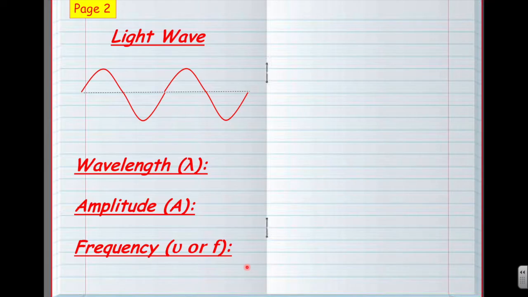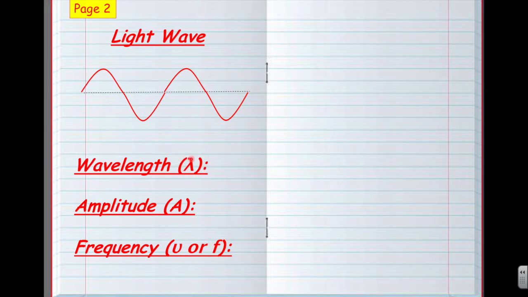So we need to understand what a wave is. On page 2 of your notes, it's going to ask you to draw a picture of a wave. This is what you'll need to draw, something like this right here. Then you have a wavelength and a frequency. Go ahead and add amplitude. Wavelength is going to have the Greek letter lambda.